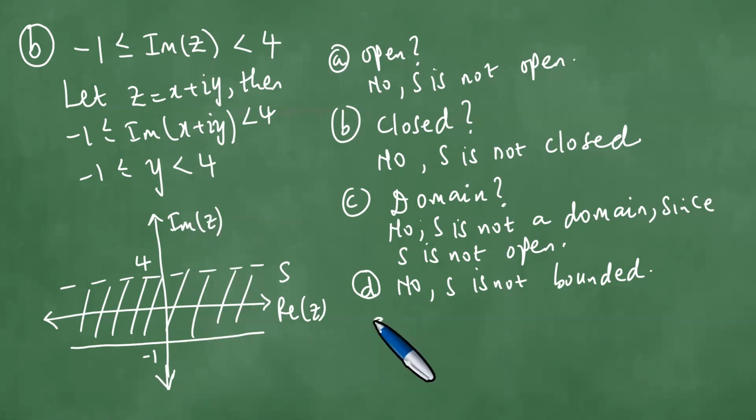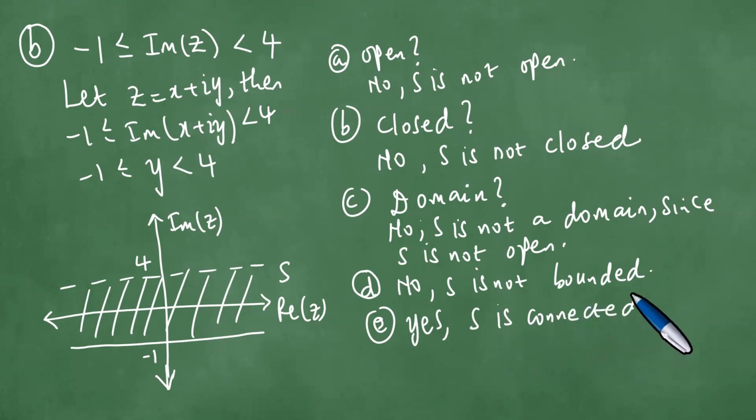Next, the E part. Is it connected? Well, because you can't write this as a union of two sets that are both open and disjoint, we certainly need to look very carefully and say that yes, S is connected.